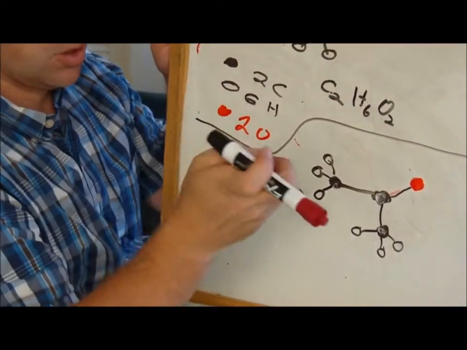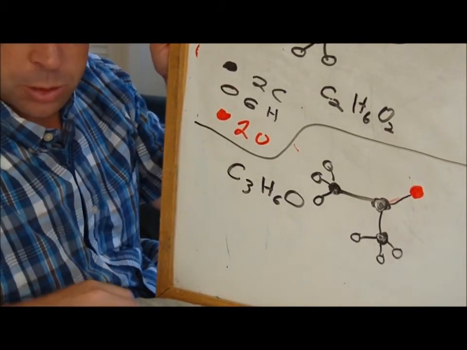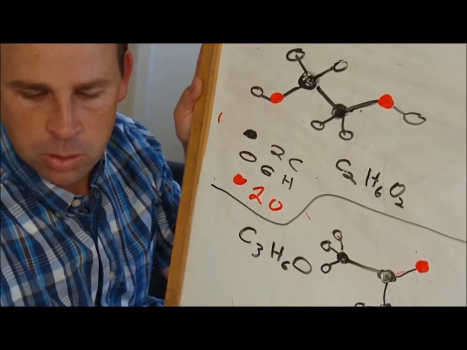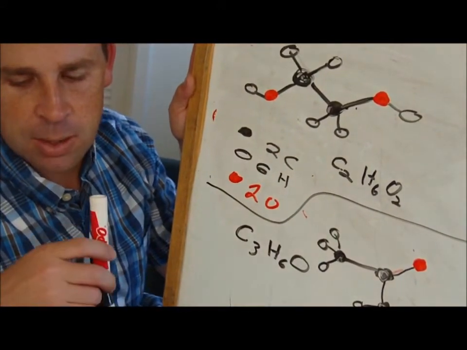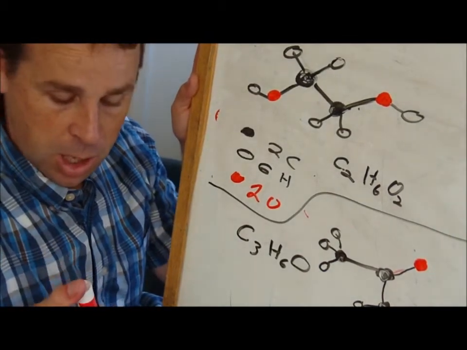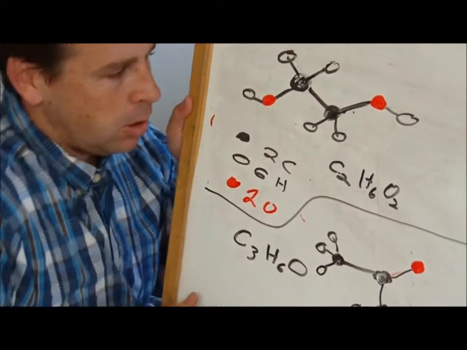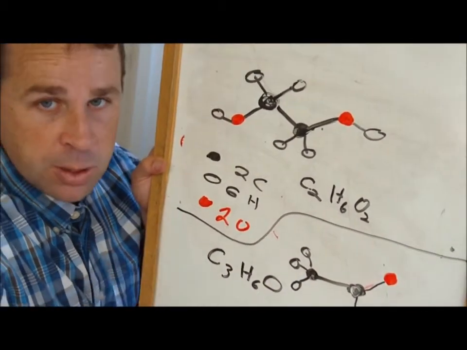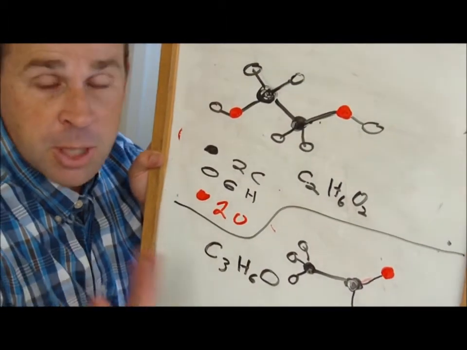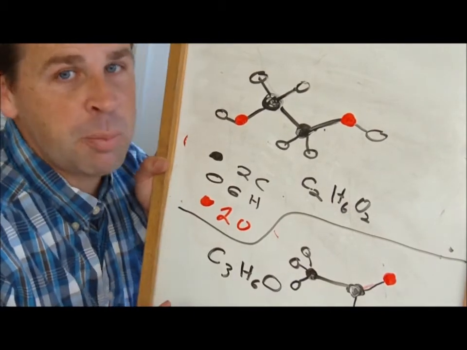All right, so the question is, how does this refer to how samples containing them can be chosen to demonstrate the law of multiple proportions? The law of multiple proportions means that if I put some carbon and some hydrogen and some oxygen into a container and react it at a given temperature, pressure, whatever, I'm going to get a specific compound, right?